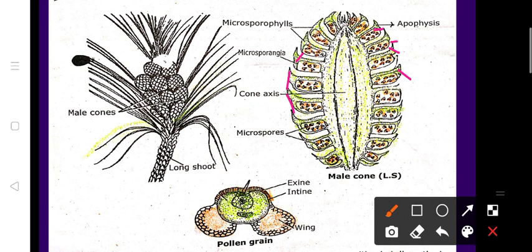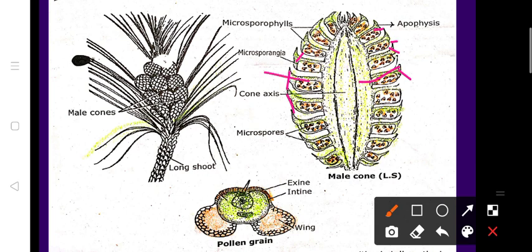It is a sterile part. It turns upward to cover the microsporangia of the other sporophyll. In the male cone, the microsporophylls are horizontally arranged on the axis. Generally, sterile microsporophylls are present at the base of the male cone, and fertile sporophylls are present at the apex.